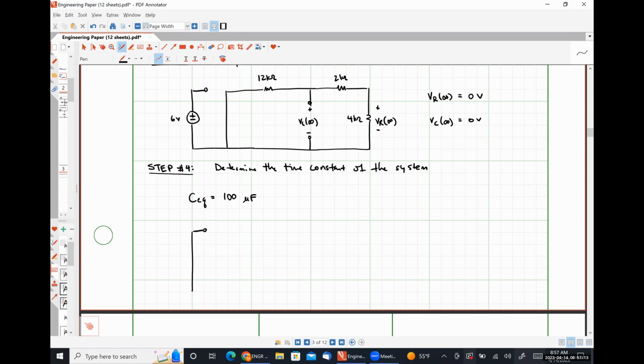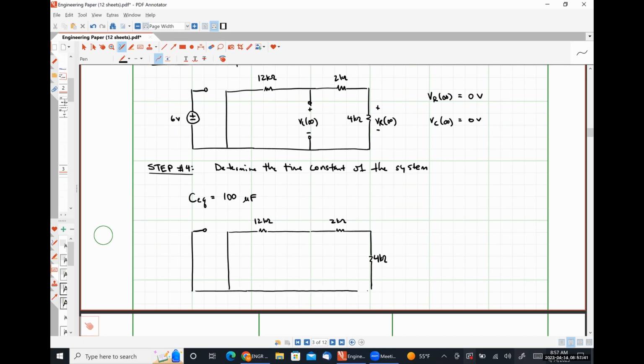So in that case, that means when the switch is closed at position B. Here we have our 12 kilo ohm resistor. Here we have our 2 kilo ohm resistor. Here's our 4 kilo ohm resistor.